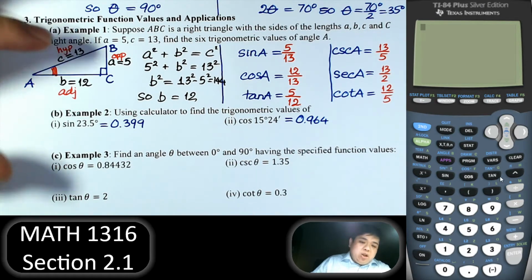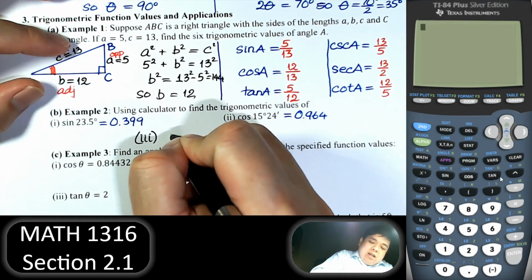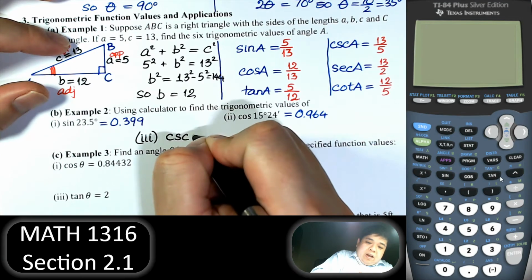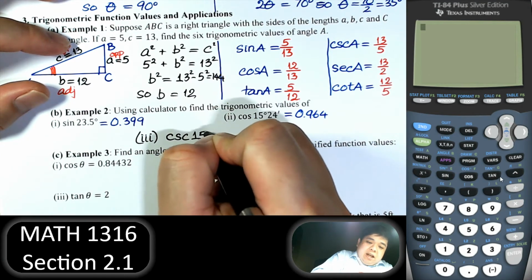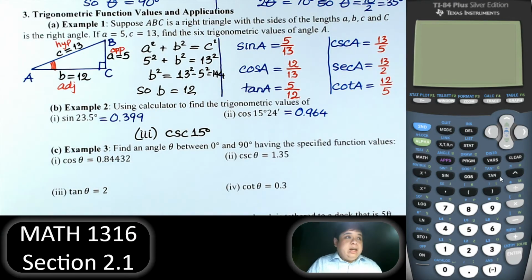What if the question asks you, let's say number 3, how about we evaluate cosecant of 15 degrees? Let's say if it asks you to do that, then what do we have? Remember, we only have sine, cosine, tangent on the calculator.